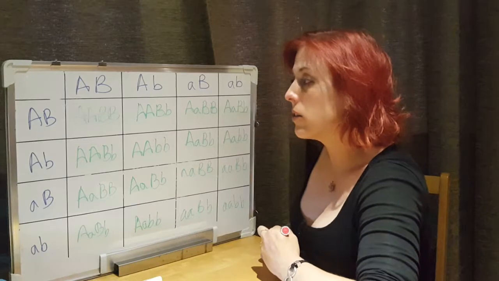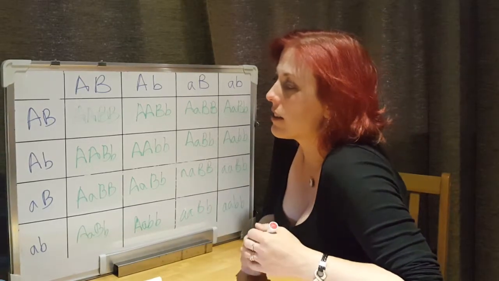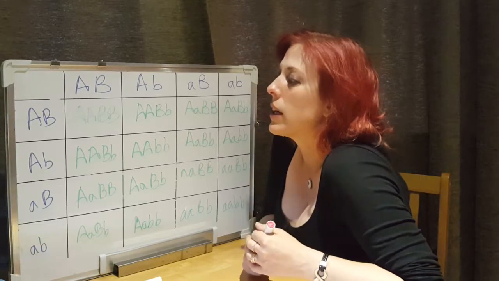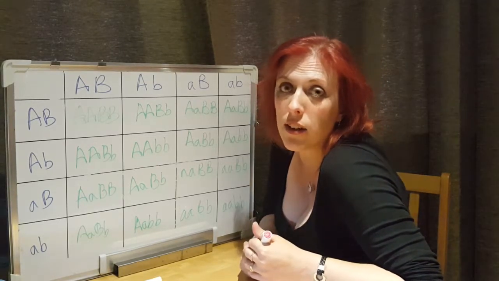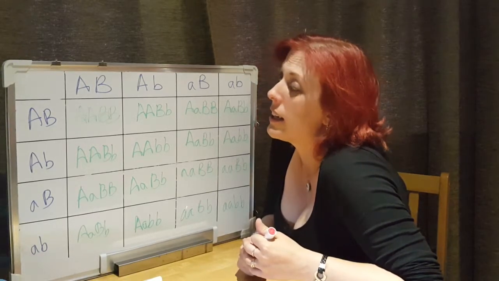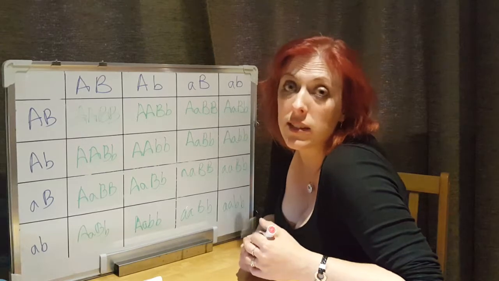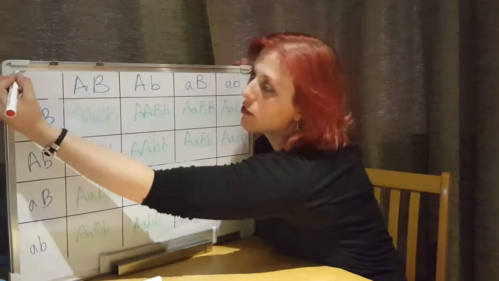So let's assign some properties to this. Let's assume that we're looking at gene A, which controls the height of the plant. So dominant A is tall and the recessive a is the small allele. Let me just write a note of that.